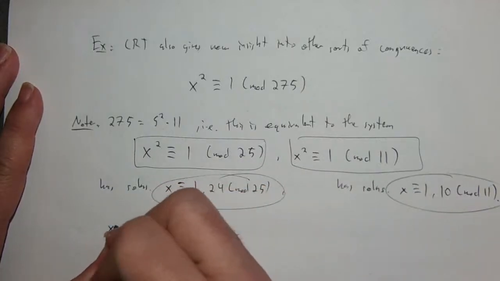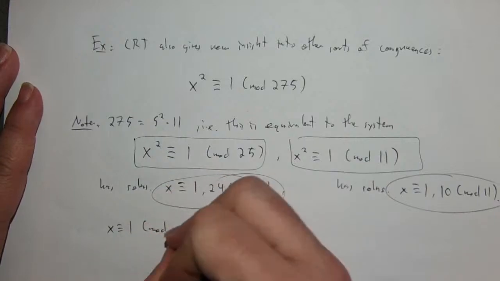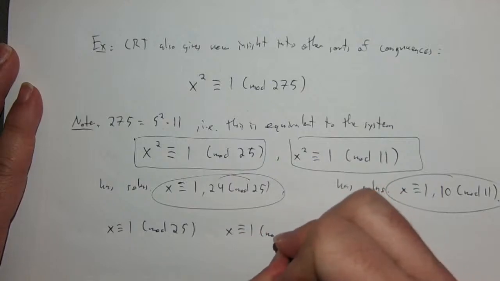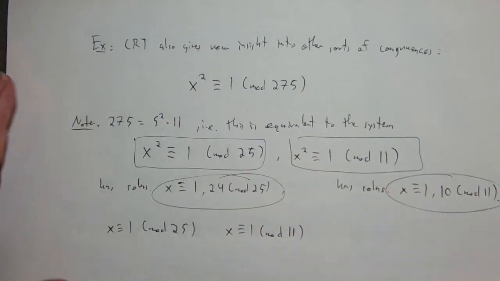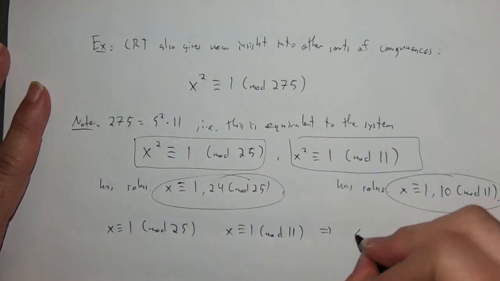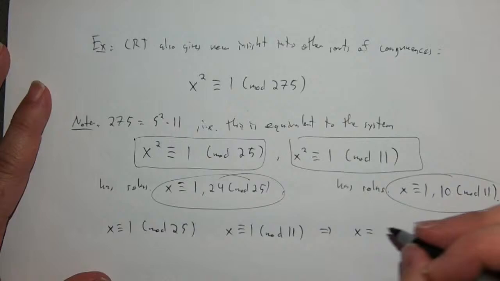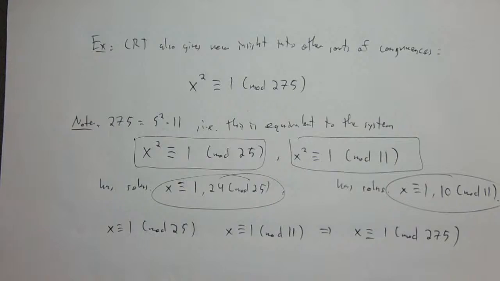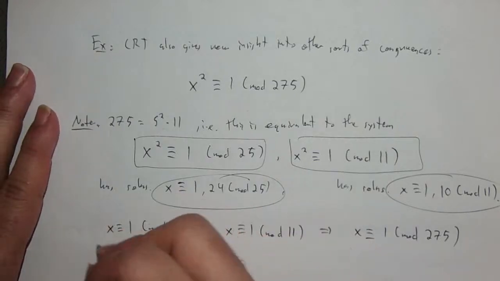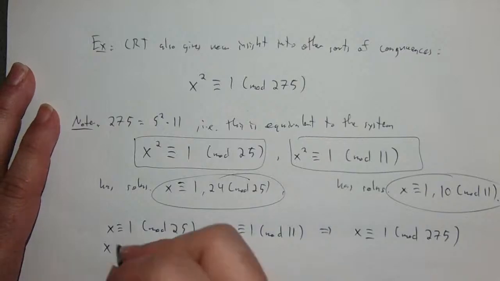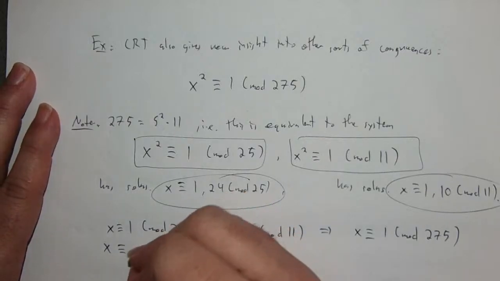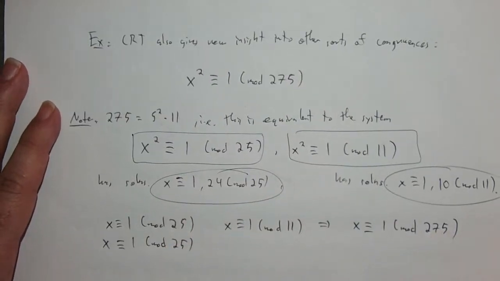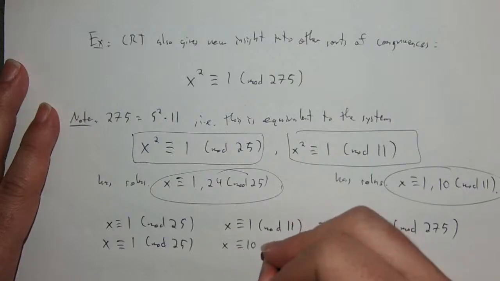So I have x congruent to 1 mod 25 and x congruent to 1 mod 11. Combining those, I get x congruent to 1 mod 275. Secondly, I get x congruent to 1 mod 25 and x congruent to 10 mod 11.